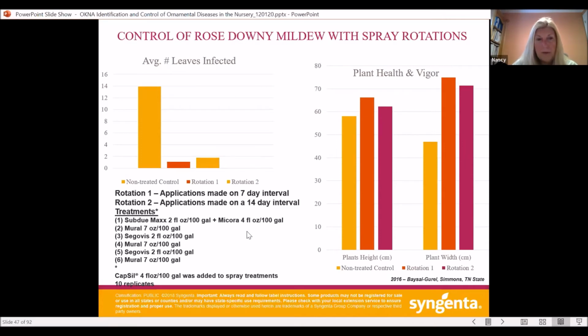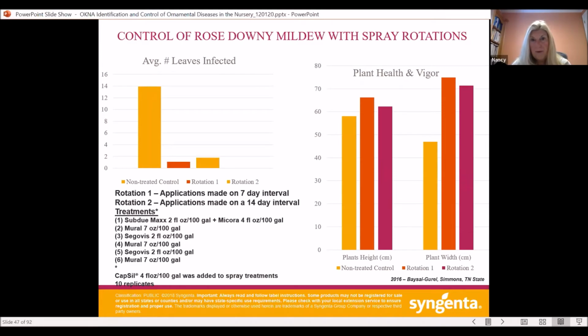Here we put it with Macora, and then we rotated with MURAL for other issues that you might have, such as Cercospora leaf spot, powdery mildew, rust. We put in Segovis, back to MURAL, and we did a rotation on a 7 to 14-day interval, and you can see it was quite effective. 14 days, get it on early. You probably could stretch it out to 21. Many of these products do have some longer control that they provide.